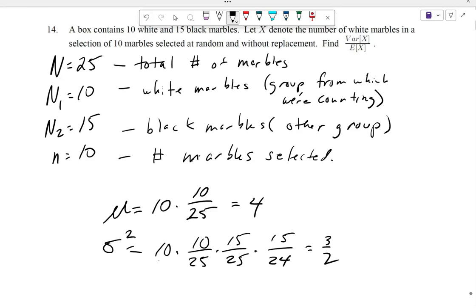Notice that, again, this part right here would have been the variance for a binomial. Since our number of objects in our selection is roughly, really roughly, half, not quite half, a little bit less than half. It's split down to 5.